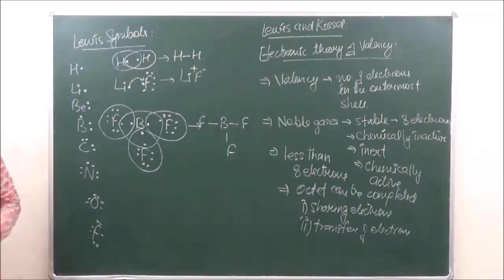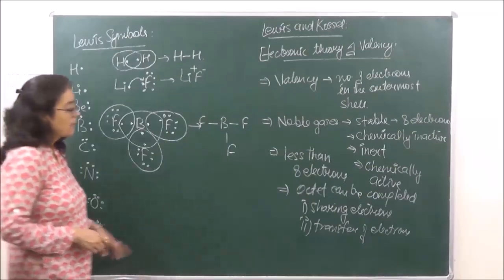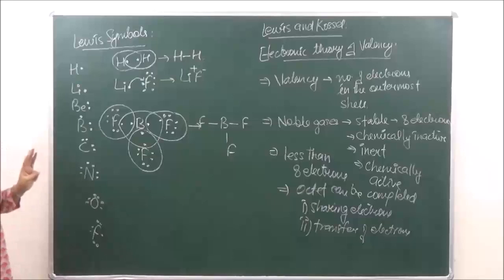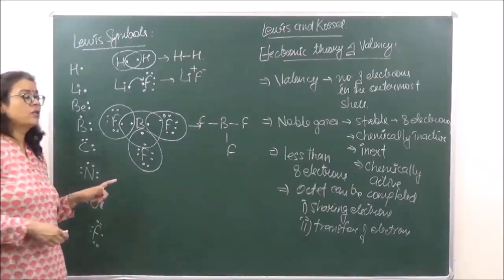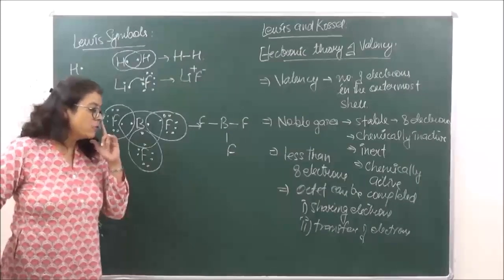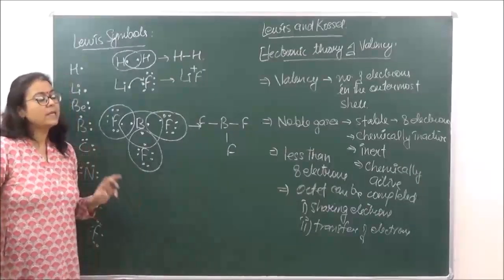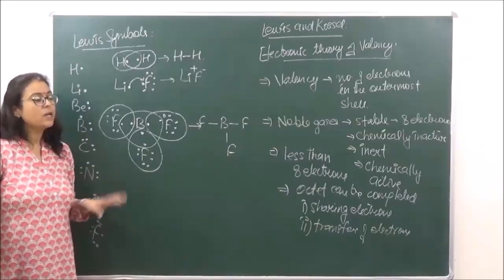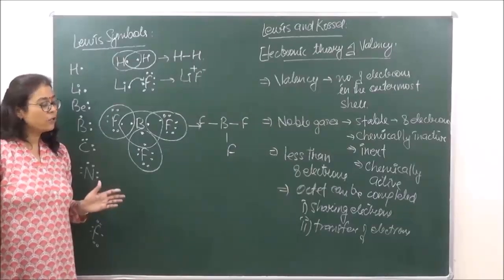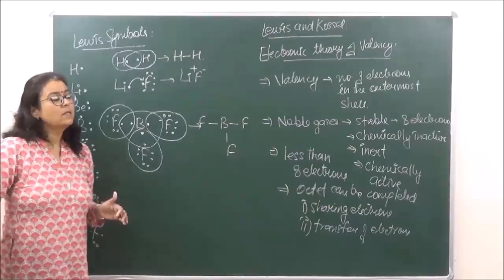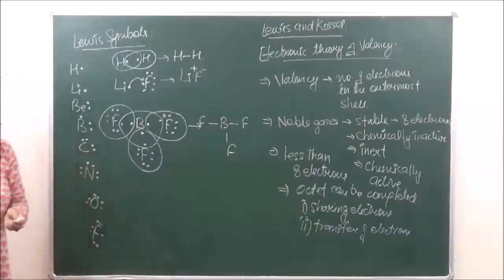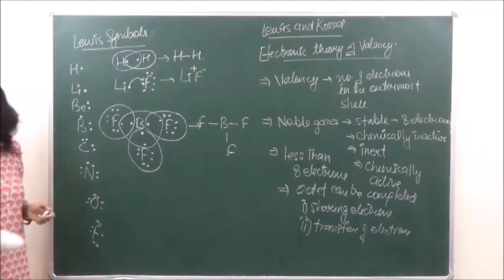Okay? So corresponding to all these ways which we have done over here, in this chapter we are going to study three kinds of bonds. If sharing of electrons is taking place, the bond is known as covalent, right? And if transfer of electrons is taking place, the bond is known as electrovalent or ionic. Then we are also going to study a special kind of bond which is known as the coordinate covalent bond. Okay? So let's go on to the first kind of bond. This was the introduction of the chapter.